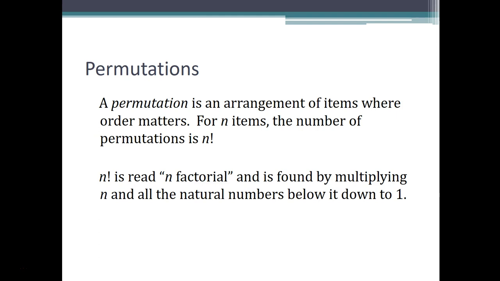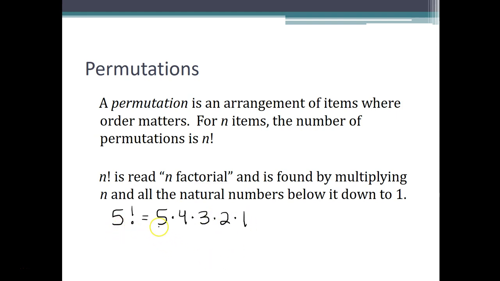And what factorial means is that you're taking your number, which is going to be a positive integer, or like a nice natural number, and you're multiplying by all the natural numbers below it down to 1. So like the problem we just did, we essentially did 5 factorial, which is 5 times 4 times 3 times 2 times 1.